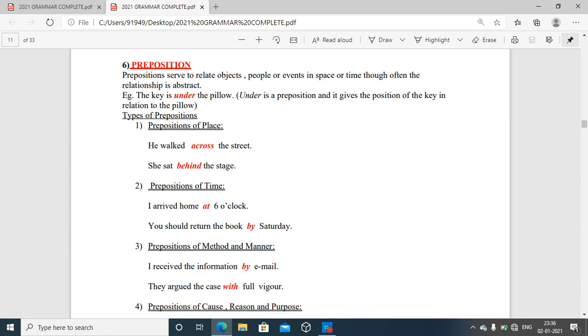If it is Saturday, you should return the book by Saturday. Then also you get the idea of time. But we can never say at Saturday, because Saturday is the name of a day. The other one is about the time. So a definite time. In any case, you get the idea about time there.